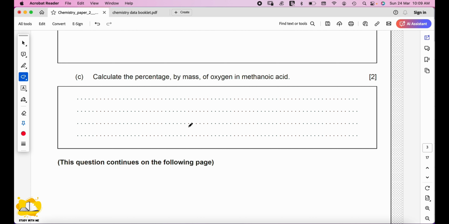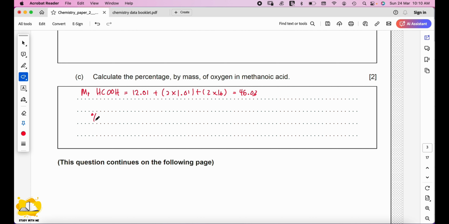Calculate the percentage by mass of oxygen in methanoic acid. So we need to first calculate the molar mass of methanoic acid. If you refer to the data booklet or the periodic table, you will find the relative atomic mass for carbon is 12, and as we have 2H, 2 times 1.01, plus 2 times 16 because we have 2O, so the total will be 46.03.